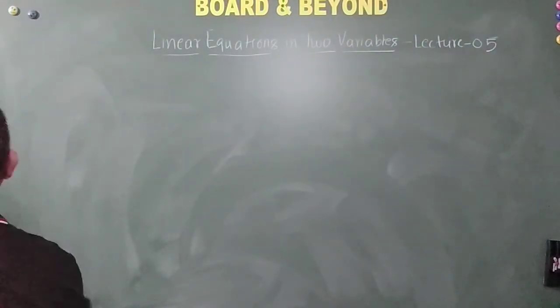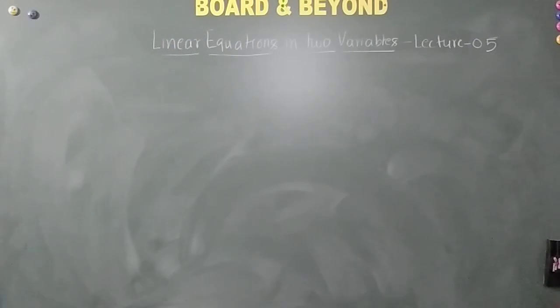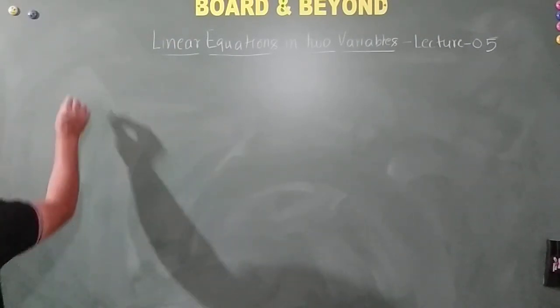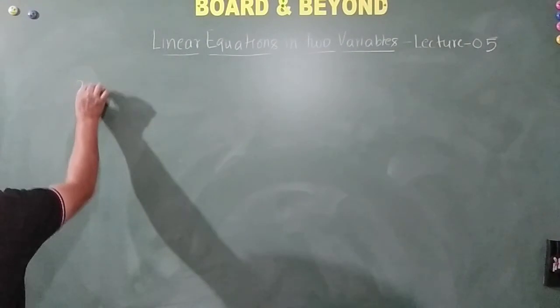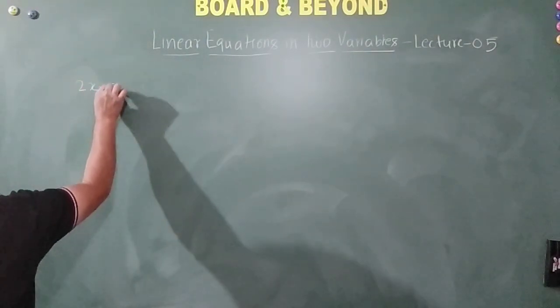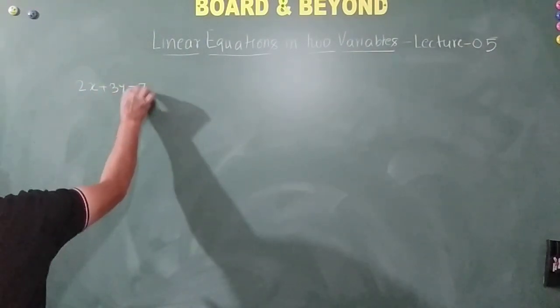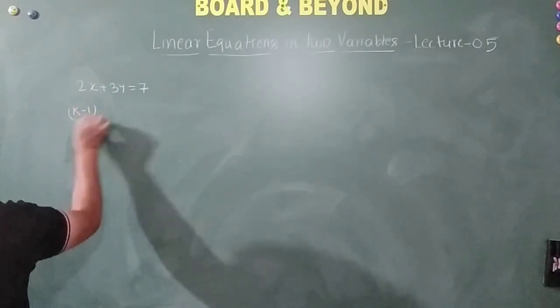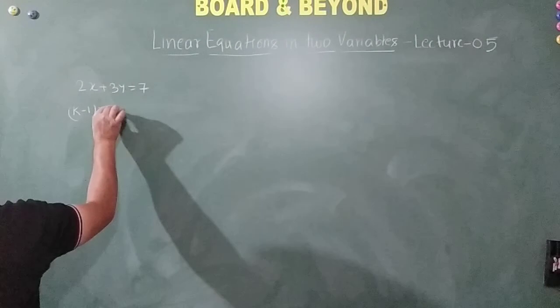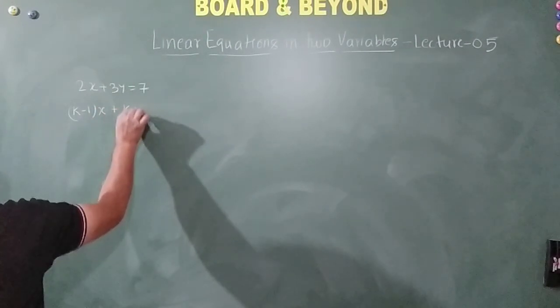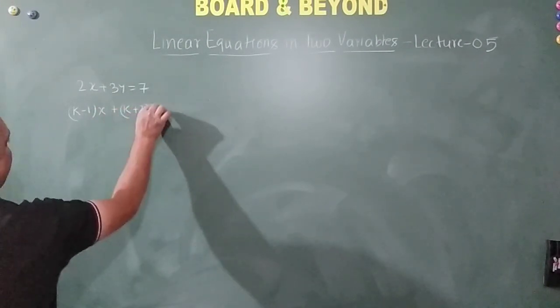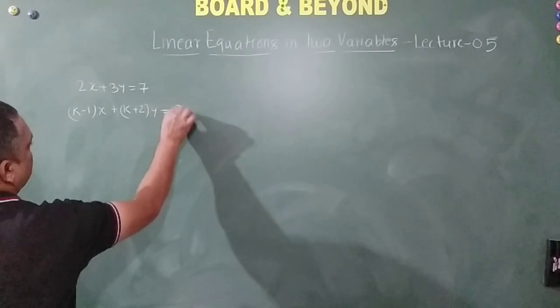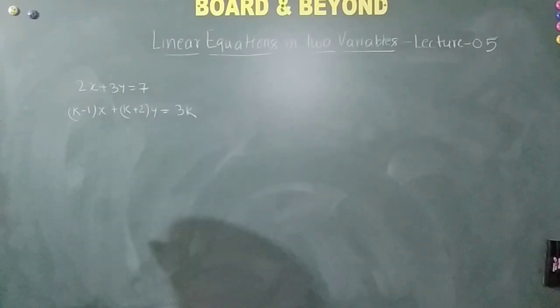So we are given another system of linear equations, and we have to solve it basically. Okay. So this is 2x plus 3y is equal to 7. (k minus 1) into x, plus (k plus 2) into y is equal to 3k.